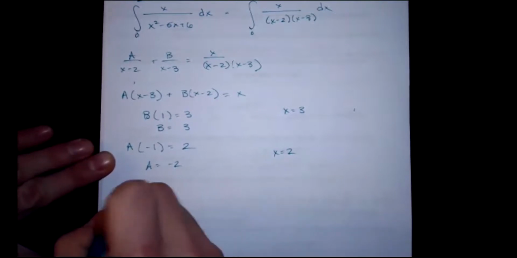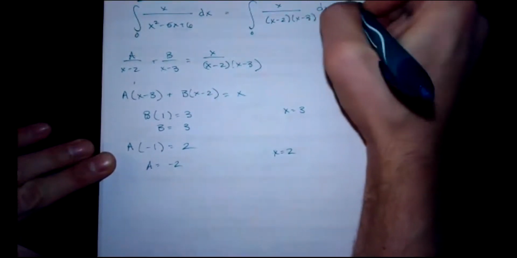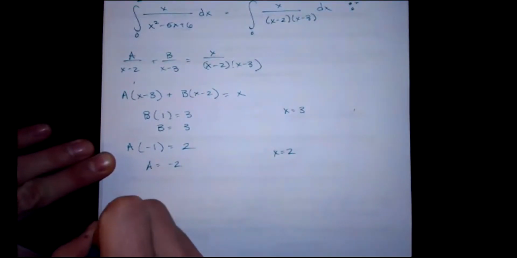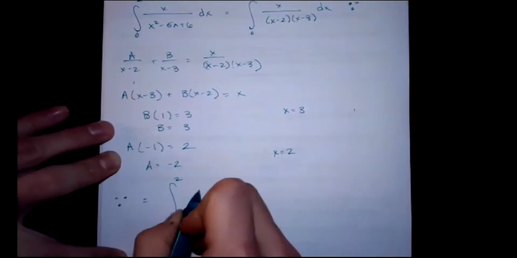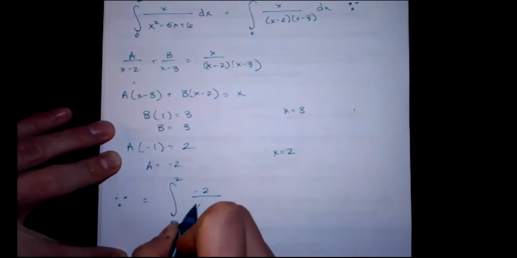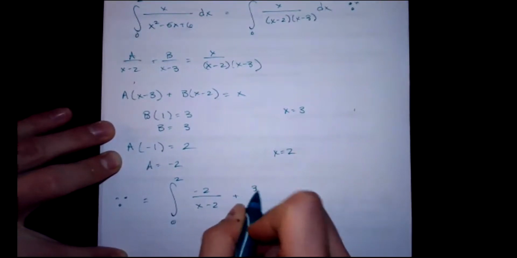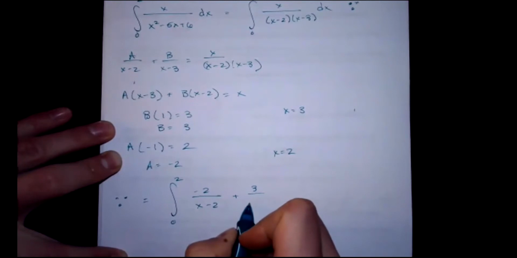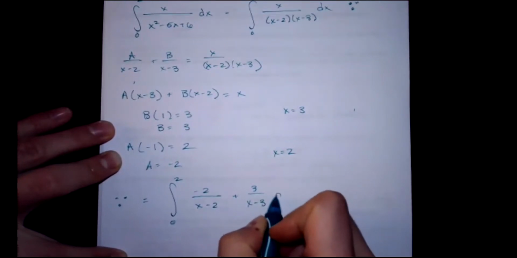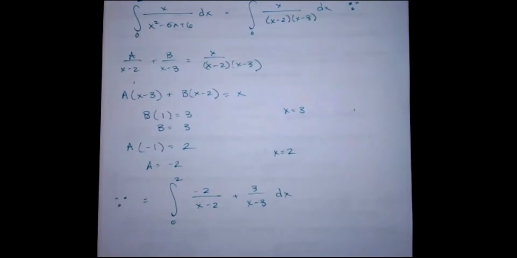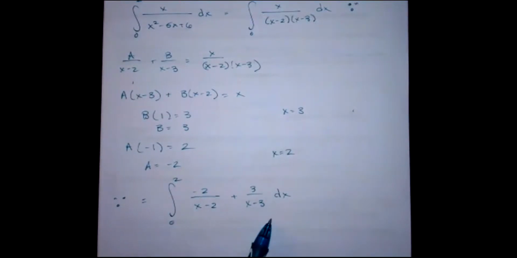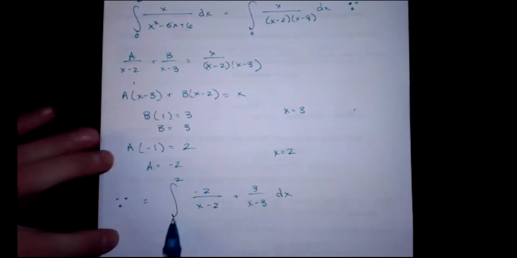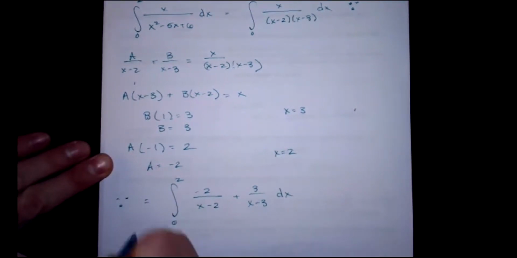And so our integral now becomes the integral from 0 to 2 of negative 2 over x minus 2 plus 3 over x minus 3 dx. Determining whether this integral converges is the same as determining whether the original converges, and computing the values is the same. We can split this integral into a sum.